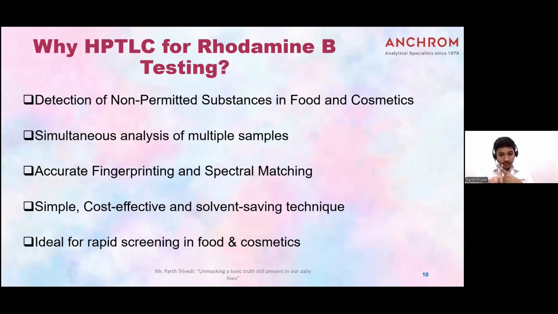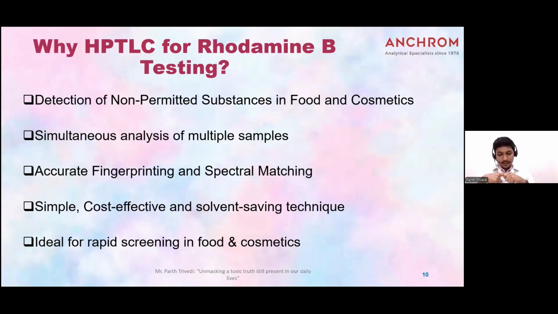When we say simultaneous analysis of multiple samples, we really mean it. We can analyze both food and cosmetic on a single plate, not just one or two but many at once. We will see an example of that in one of the upcoming slides.